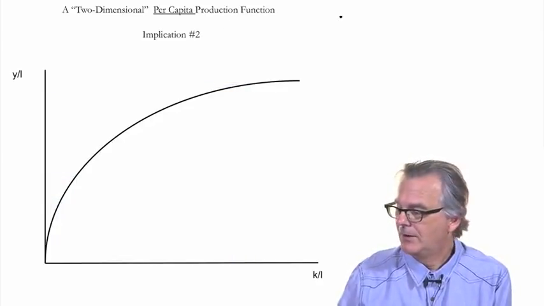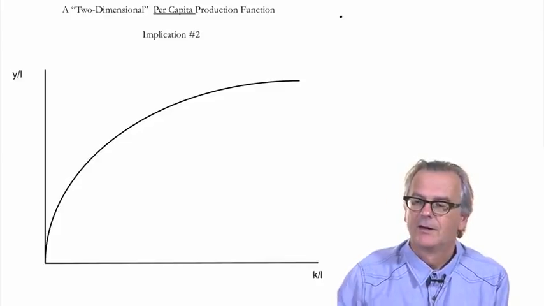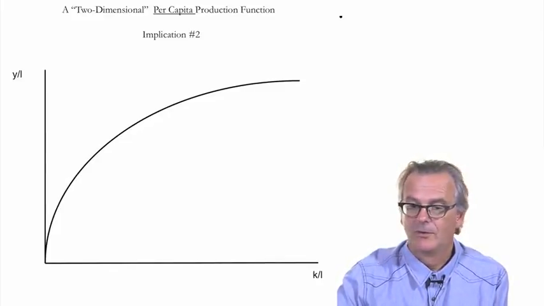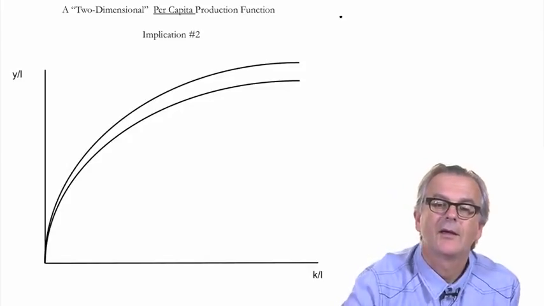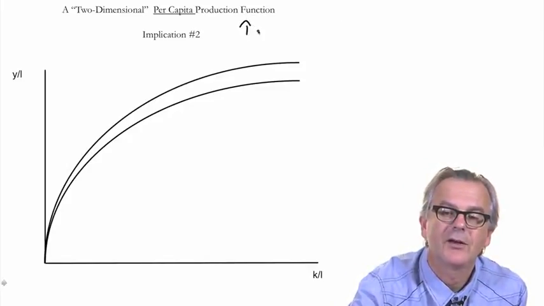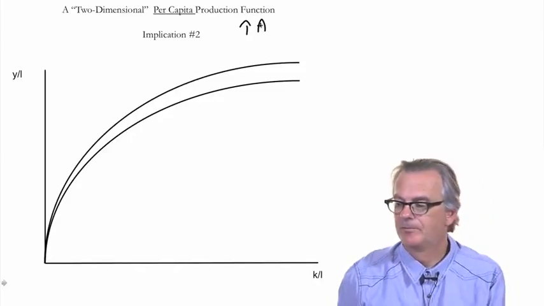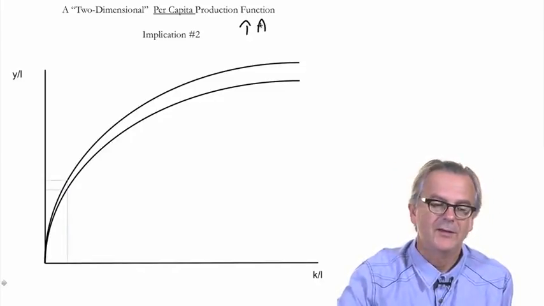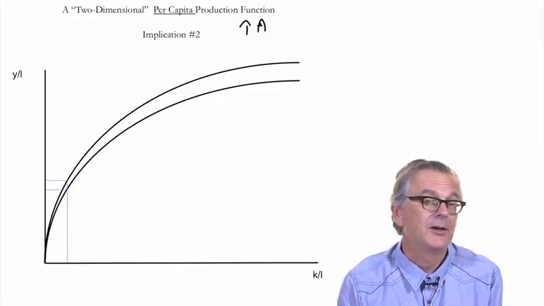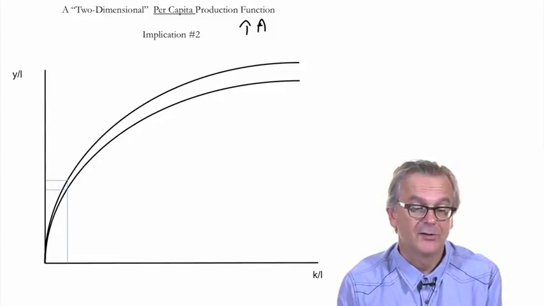The second implication relates to that second path to economic growth, the increase in total factor productivity. Suppose we did this for an economy that had a relatively low capital-labour ratio.